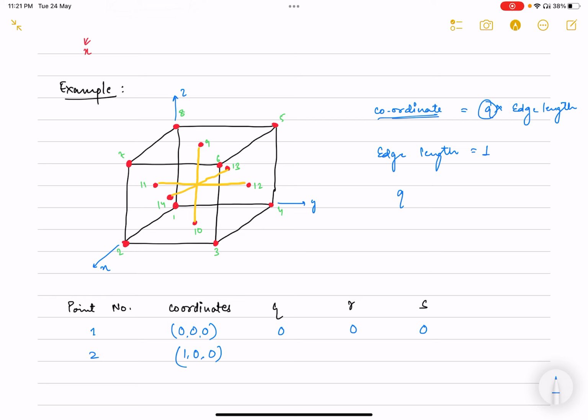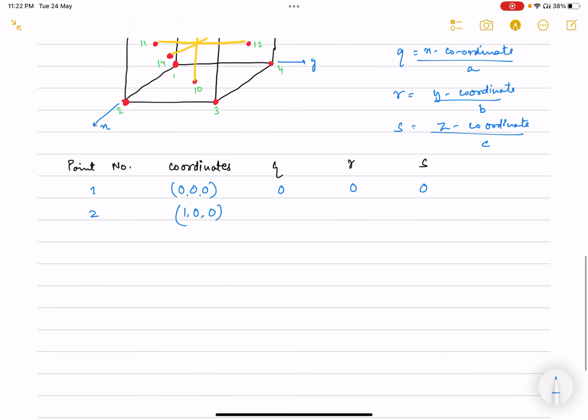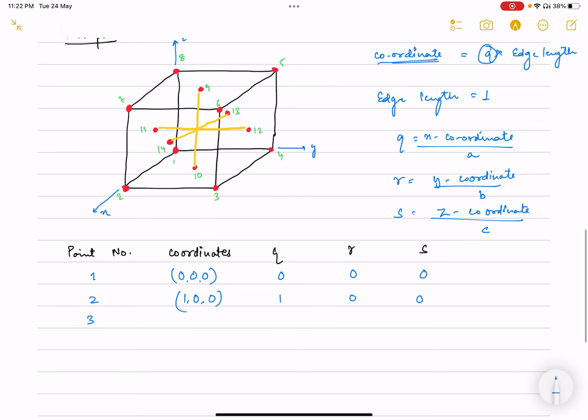Otherwise, q is equal to the x coordinate divided by a, the edge length along x; r is equal to the y coordinate divided by b; and s is the z coordinate divided by c. So point 2 will be 1, 0, 0.